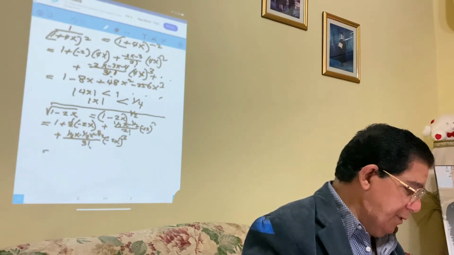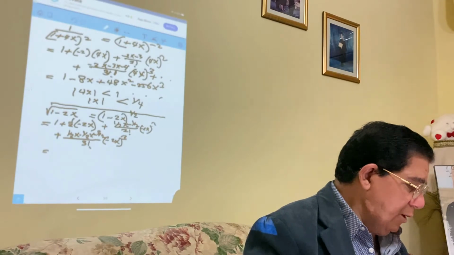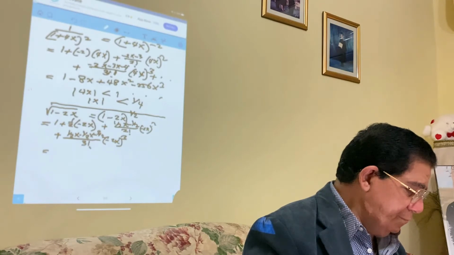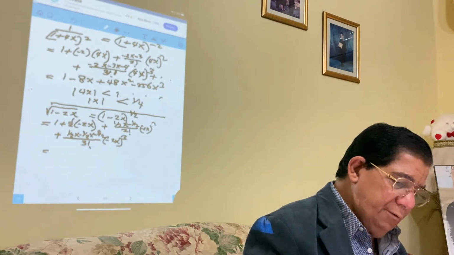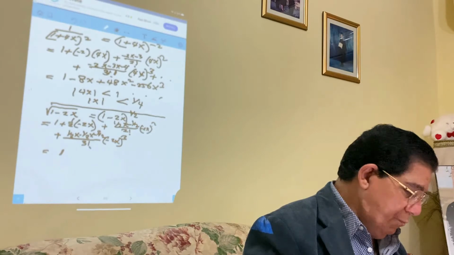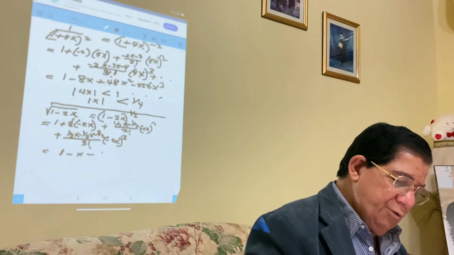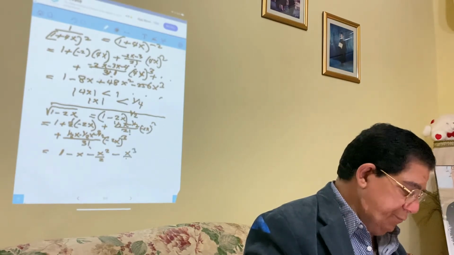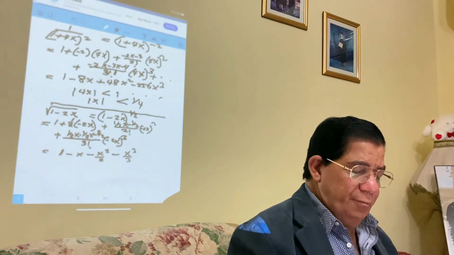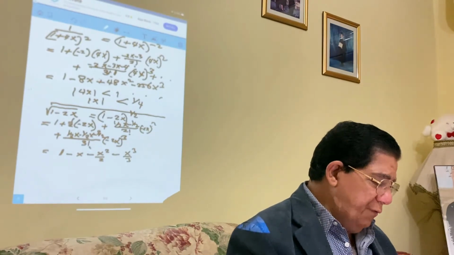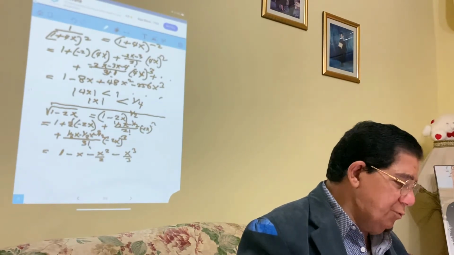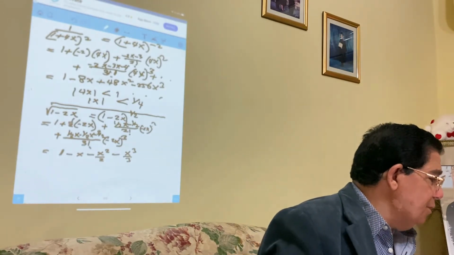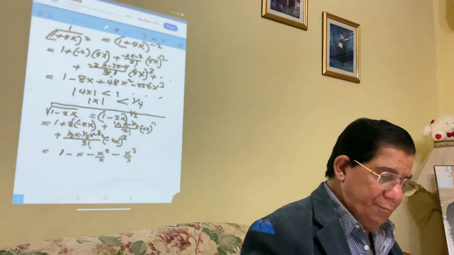If we simplify this expansion, we got 1 minus x minus x squared over 2 minus x cubed over 3, right? Then it is given to us in the question to substitute the value of x equal 0.01.